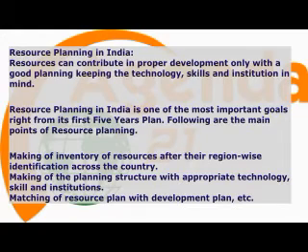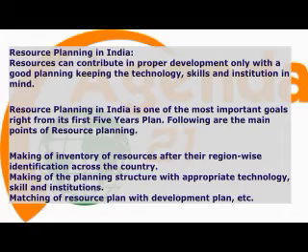The cold desert of Ladakh has a very rich cultural heritage, but it is deficient in water, infrastructure and some other vital minerals. Jharkhand, Chhattisgarh and Madhya Pradesh are rich in minerals and coal deposits, but lack necessary infrastructure. So the Government of India started resource planning.